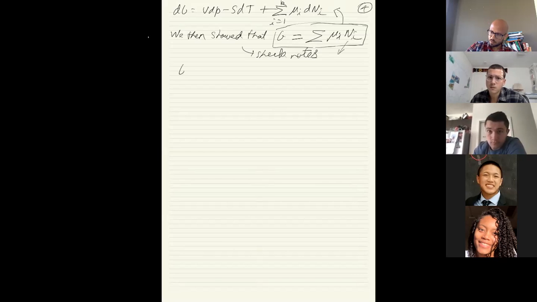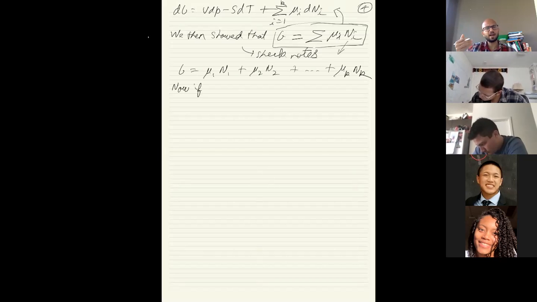Why? Because it tells you that G for a K component system is given by mu1 n1 plus mu2 n2 plus up to mu K n K. Now, let's take a step back and go back to a one component system.